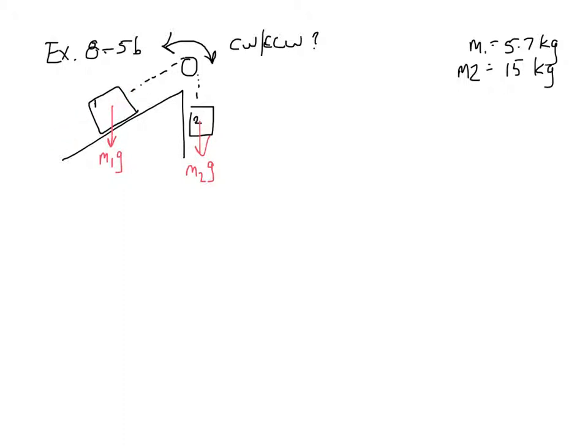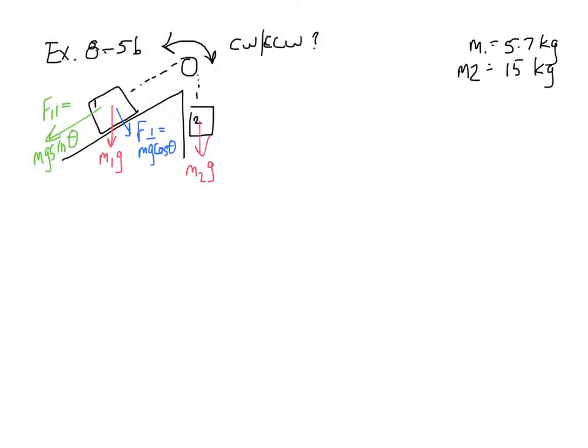Well, that is going to be your force parallel to the plane, which we also know to be mg sine theta. And there's also a force perpendicular, directed into the plane, which is mg cosine theta, right there.